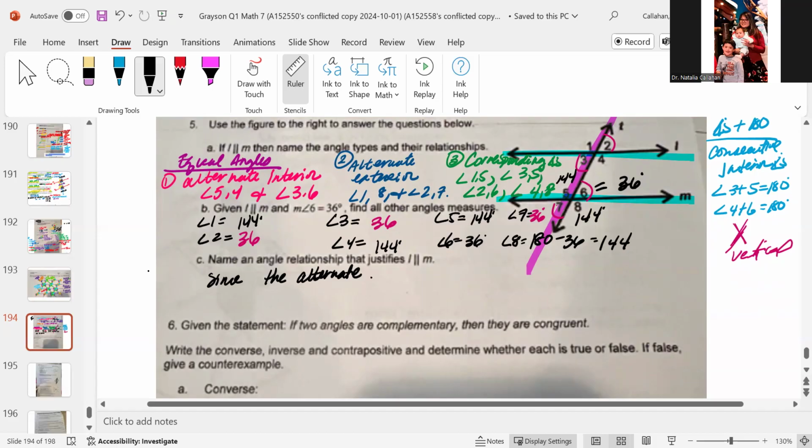Since we have alternate exterior angles, and what are alternate exterior angles? Which ones are those? 2 and 7. Angle 2 is equal to angle 7, and angle 1 is equal to angle 8, which is equal to 144 degrees, right? L is parallel to M.